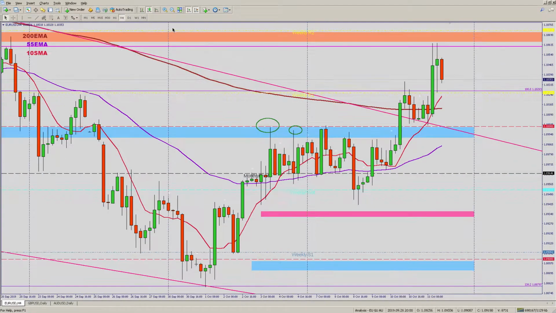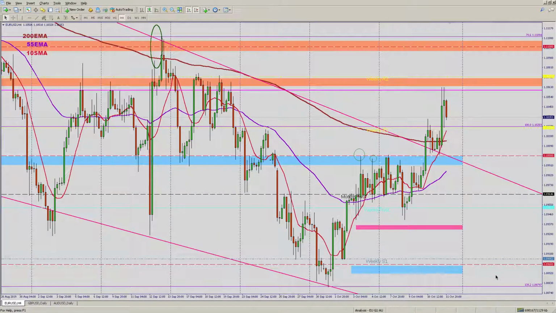Let's take a look at the 4-hour time frame. This was the previous intraday support. We'll move this up to this level for interim support.